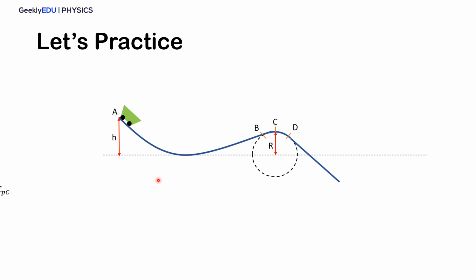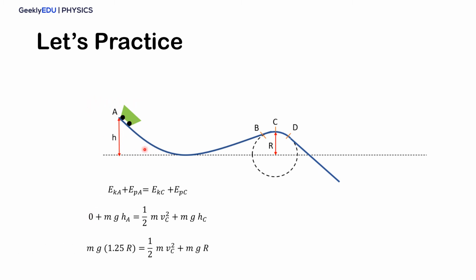Well, we can just use the conservation of mechanical energy theorem for this problem. We have the kinetic plus potential energy at A is the same as kinetic plus potential energy at C. Also, we know that the trolley is released from rest, so we don't have any kinetic energy at A. We also know that the height at A is 1.25 r, and the height at C is just r.